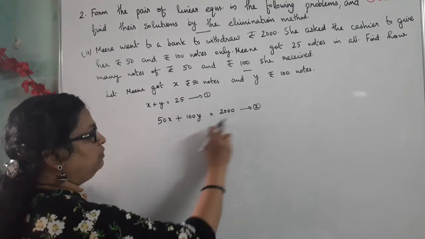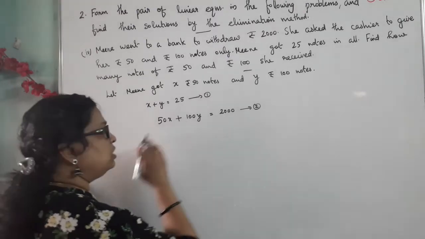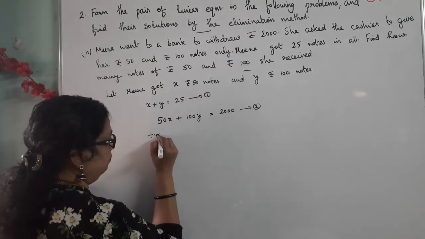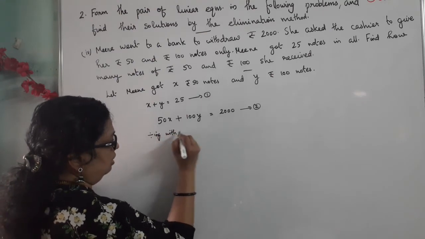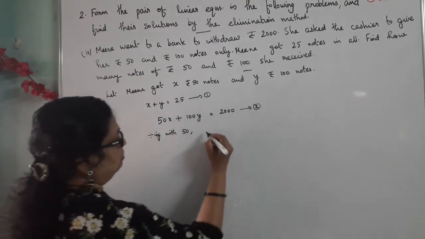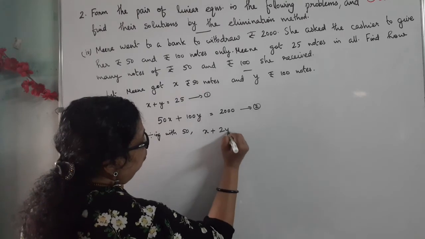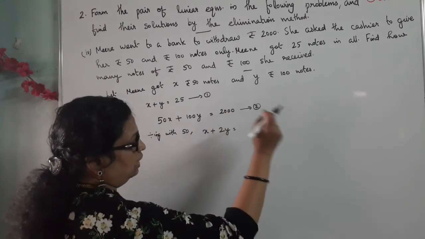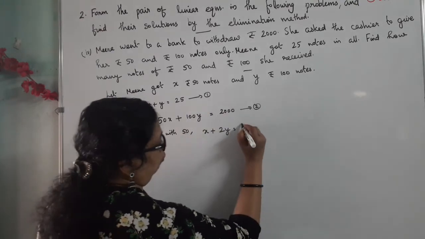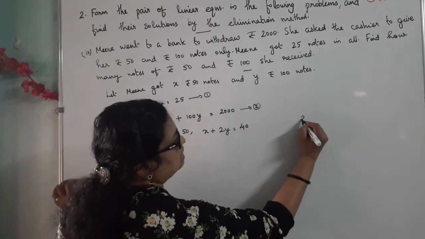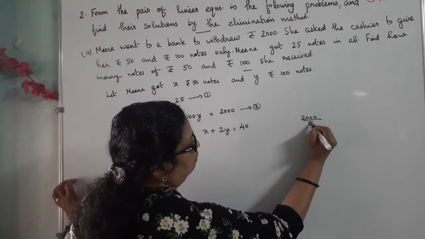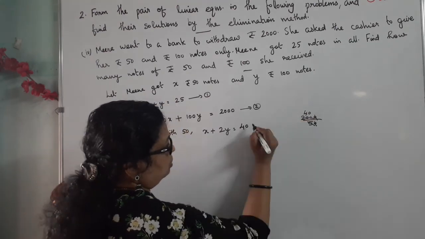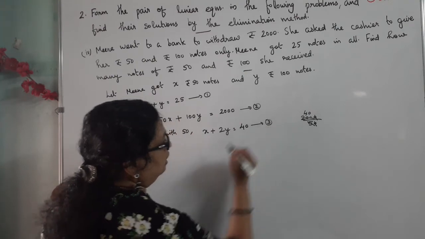In this equation 50 is common. So throughout this equation we can divide by 50. This equation becomes x + 2y = , here dividing by 50, 0 cancels with 0, then 2000 divided by 50, 5 fours are 20, 40. So 40, this is equation number 3.